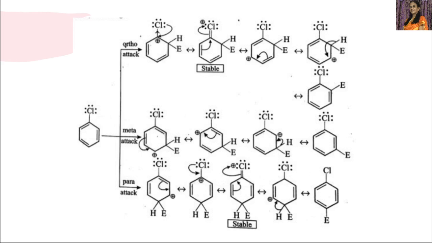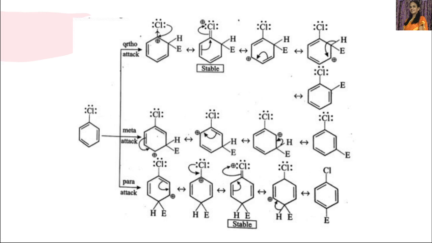Okay. Now, if we consider this para attack, what is happening? The electrophile goes to the para carbon, that is the fourth carbon, and forms a sigma bond. The adjacent carbon gets the positive charge, and this is stabilized by the remaining two pi bonds present in the benzene ring.